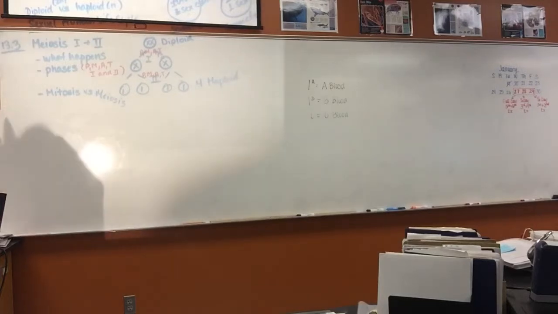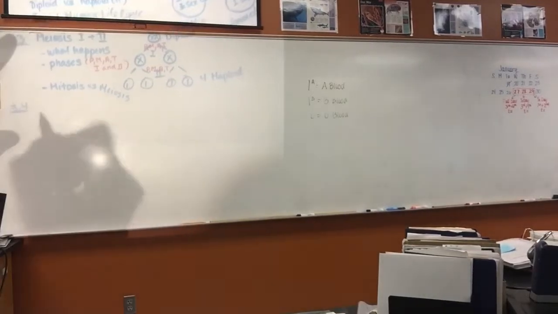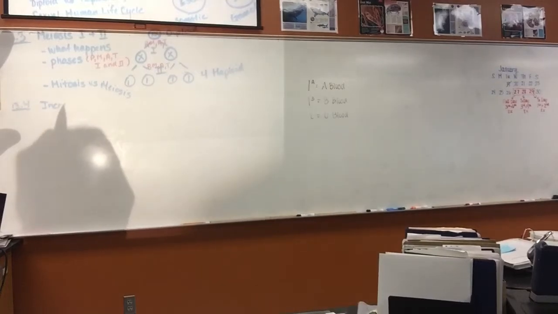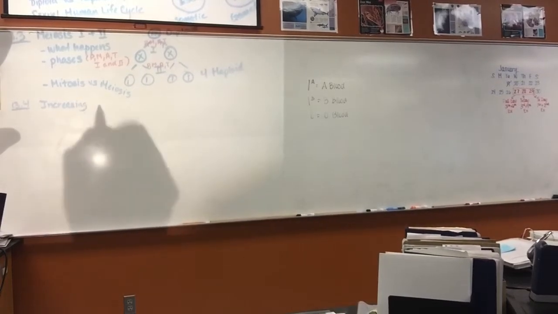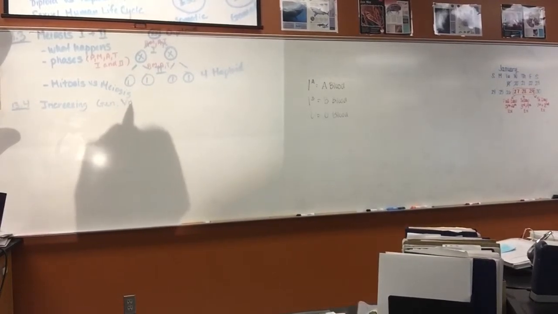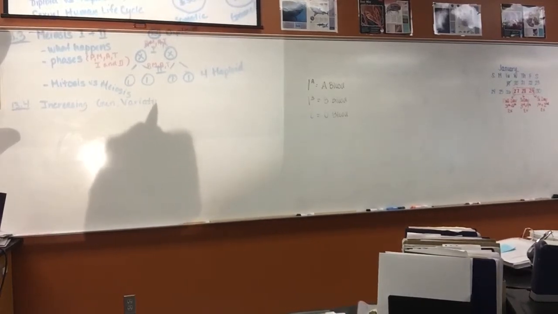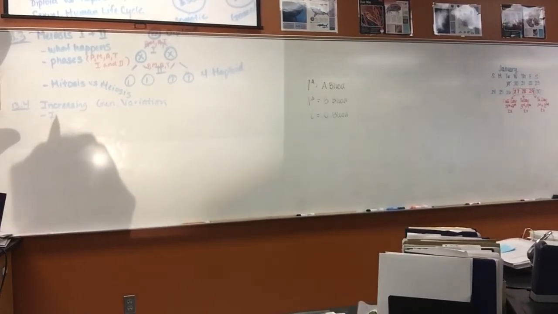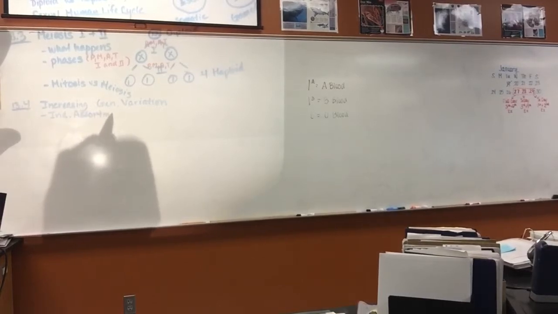And then the last part of chapter 13.4 was about how we increase genetic variation. So what do we do to increase genetic variation? We talked about independent assortment. What does this mean?